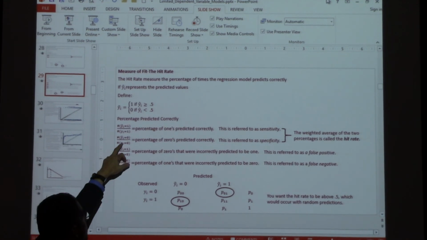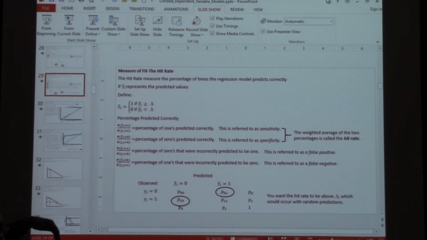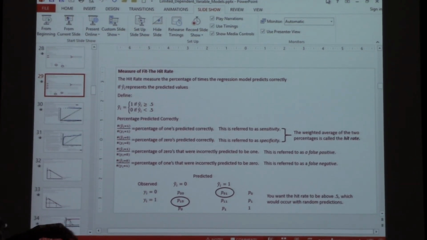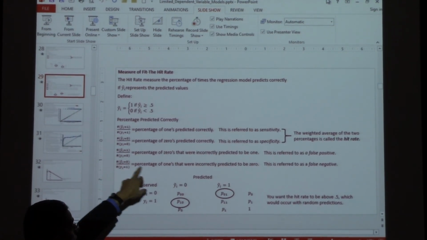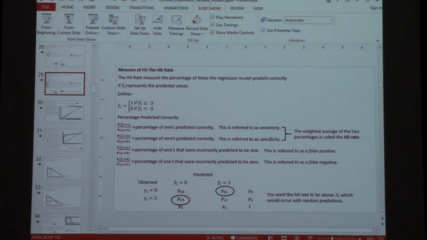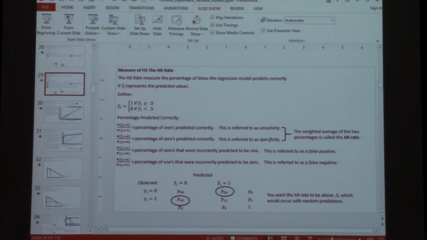This is the non-purchasers that were accurately predicted not to purchase. What we just saw was a 1 that was predicted to not buy, so that was a false negative. We want to construct a table of that. To do that, we convert our predicted probabilities back to zeros and ones using this criteria: 0.5 or greater, we convert that to a 1; less than 0.5, we convert that to a 0. Any questions about what we're doing?